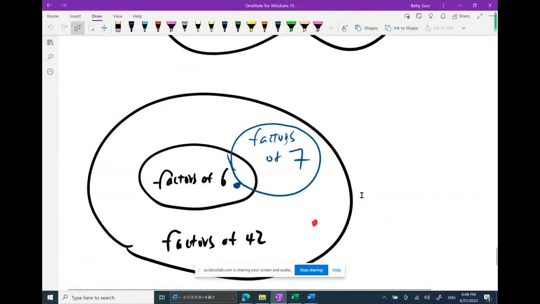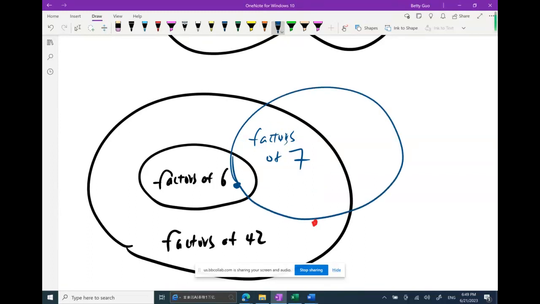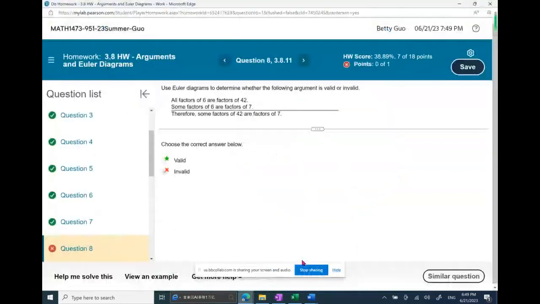Some factors of 6 are factors of 7. Yeah, I think it's valid. If the blue circle is smaller, we still have an overlapping part. Okay, it is valid. Let's do a similar problem.